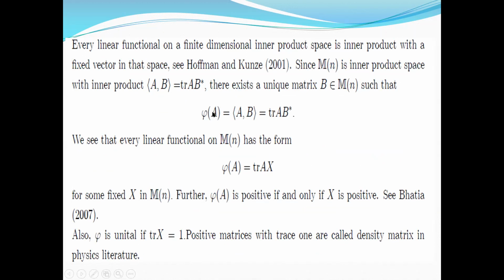So phi of A can be written as trace AB star. In place of B star, we just denote it by X. So phi of A is equal to trace AX for some fixed X in Mn. Further, phi is positive if and only if X is positive.